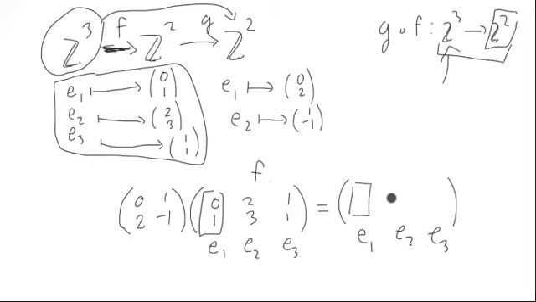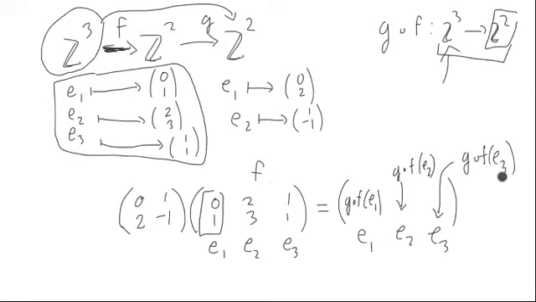And what goes in the columns is what we're going to try to figure out. Keep in mind, what goes in the columns is simply G of F of E1. So it's the image, G of F right here. That's going to be that column. This column right here is going to be G of F of E2. And this column right here will be G of F of E3.